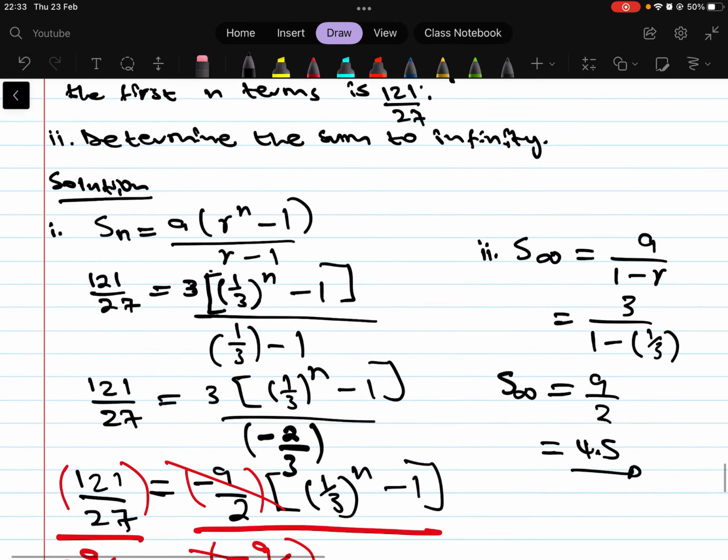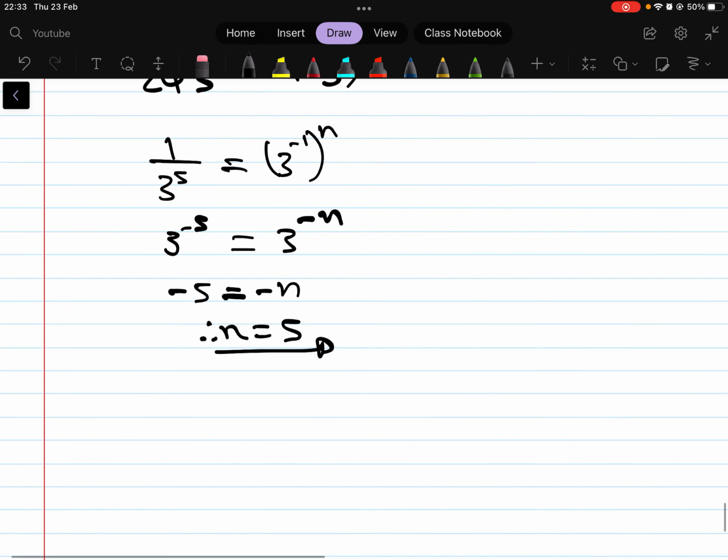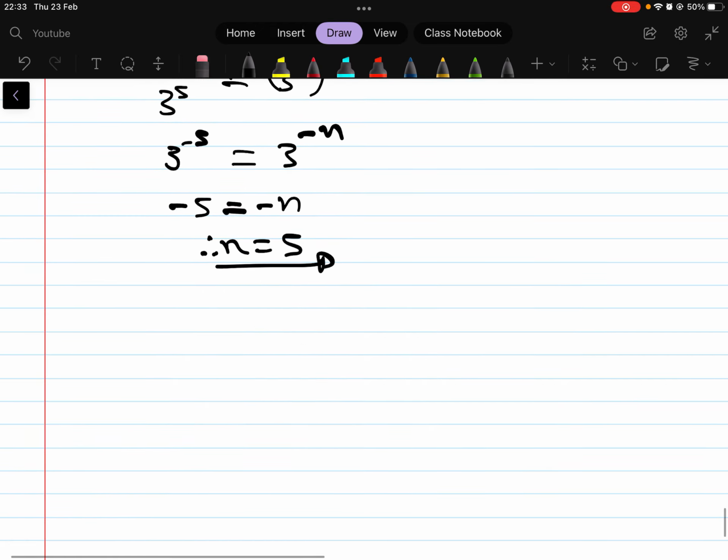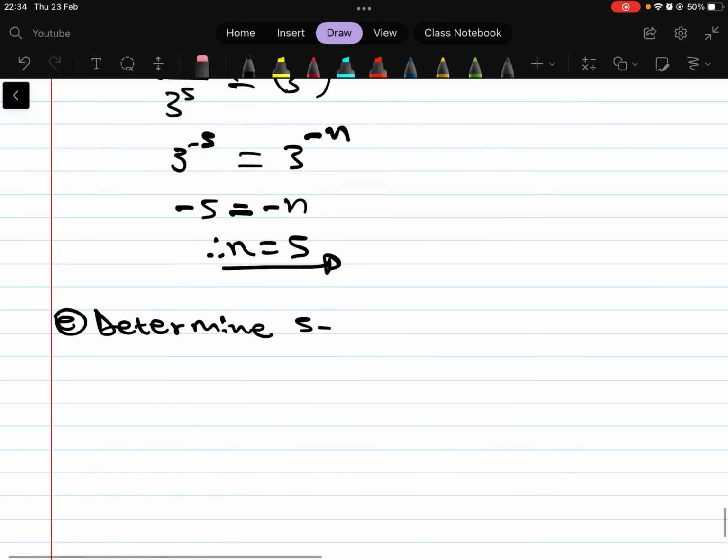Okay, let me just present another problem in this very same video, and then we can move to sigma notations. Because the previous question was D, this would be E. So suppose you are given a question like this, where they ask you to determine 5 minus 2.5 plus 1.25 minus 0.625, plus that dot.